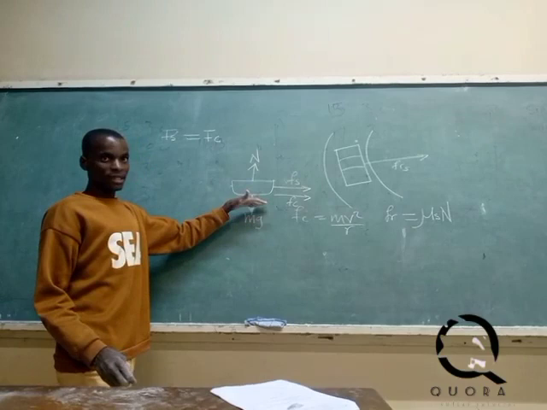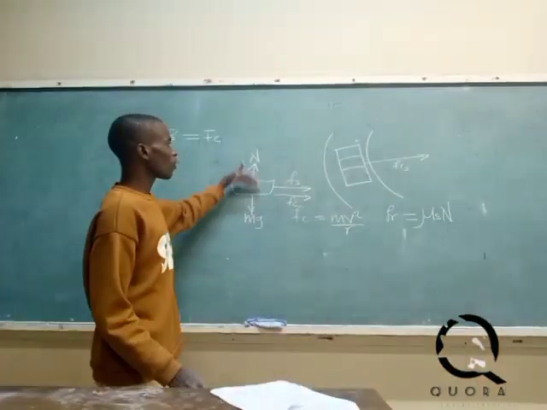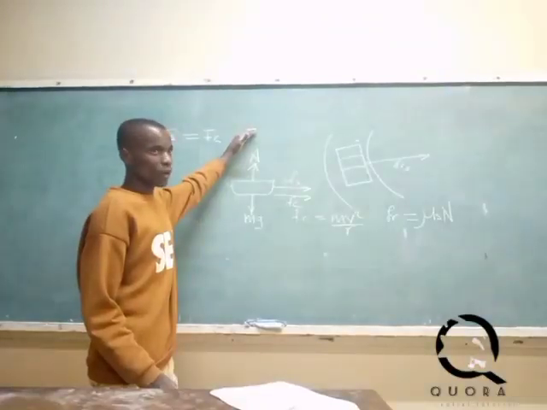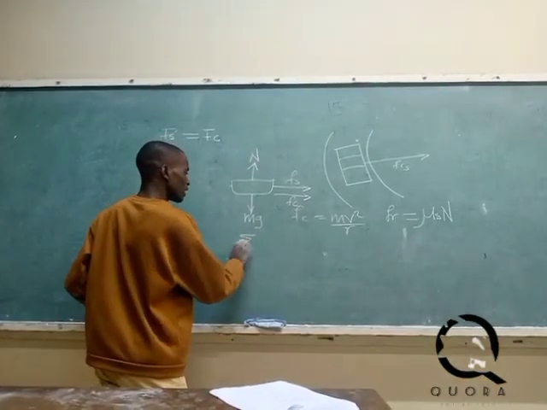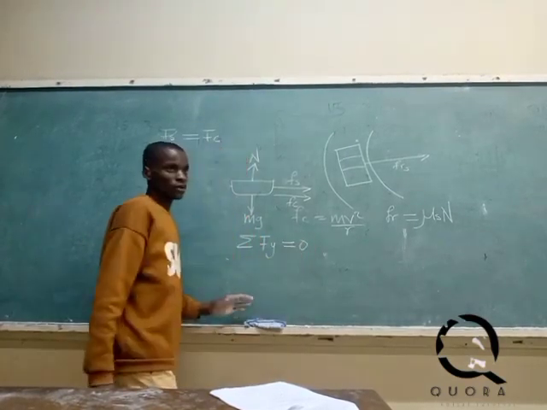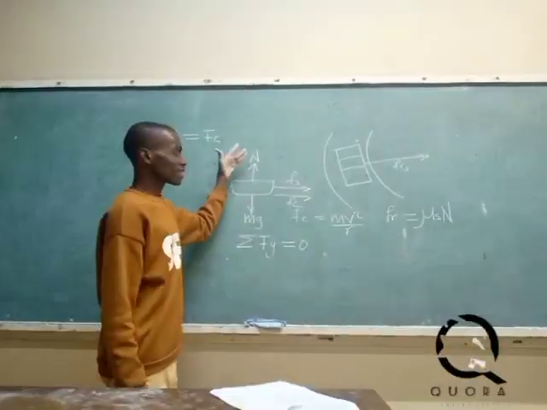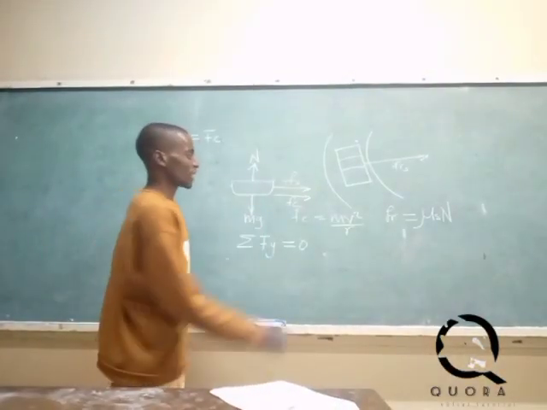The object is not sinking into the ground or moving upwards, meaning that the summation of forces in the vertical direction must give zero. So the normal force is equal to the downward force, and these two forces are balanced.